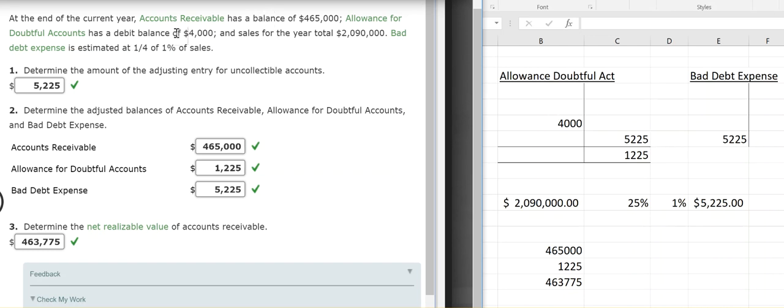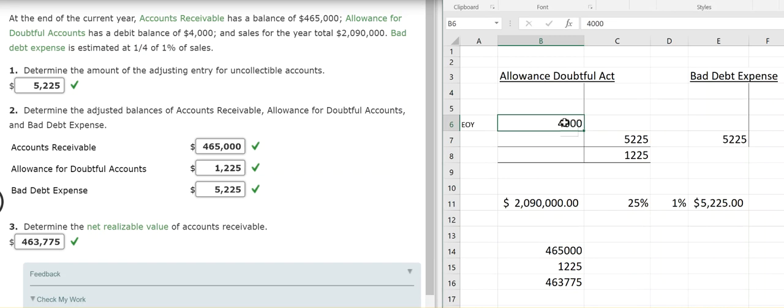You notice when the problem said that the account balance for doubtful accounts has a debit balance of 4,000, we pretty much ignore the 4,000 and we simply took the expense based on the percentage, debit and credit. We did not care that the account had 4,000.